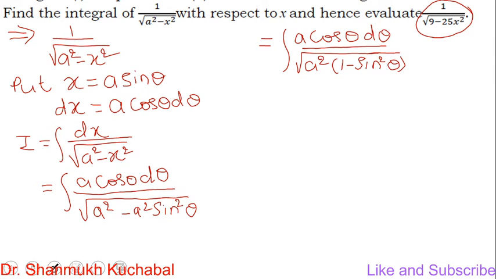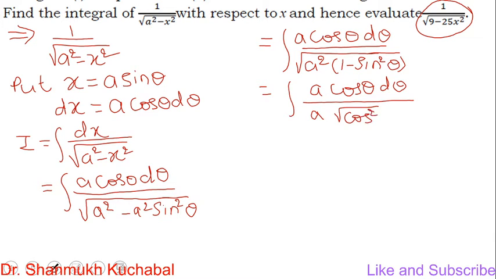Very simple it is. Further, the numerator will be a cos theta d theta. The denominator, root of a square times 1 minus sine square theta, is root of a square cos square theta. Further, a cancels, we get cos theta d theta divided by cos theta.